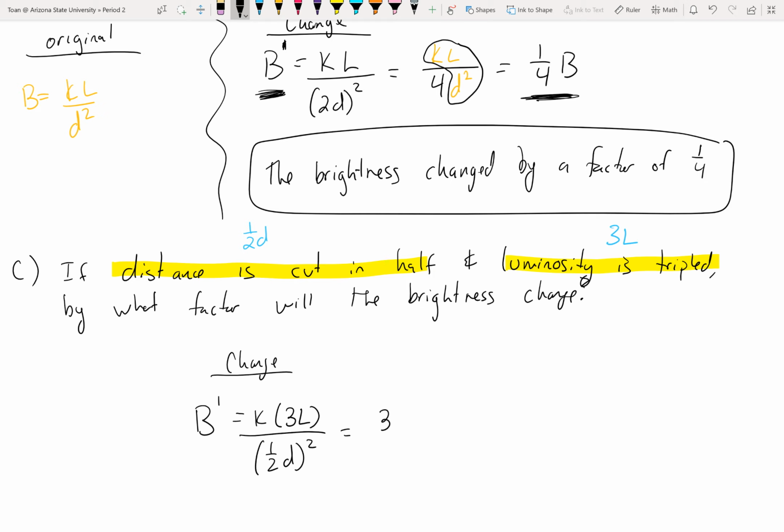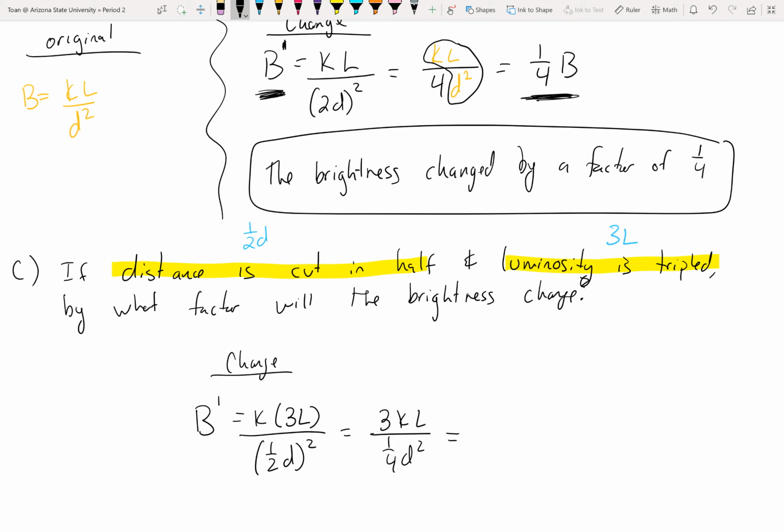This is 3KL over (1/2 D) squared, which is 1/4 D squared. Do you remember what our elementary school teacher said? If you divide by a fraction, multiply by the flip, multiply by the reciprocal.